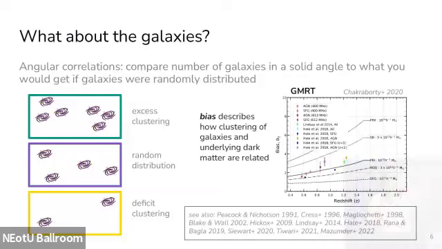So here's showing you what you can then do with that. You can relate your angular clustering to the underlying dark matter halo. This is called galaxy bias, where you take your angular clustering of galaxies and relate it to the dark matter. This figure is from a GMRT survey of LASN1.